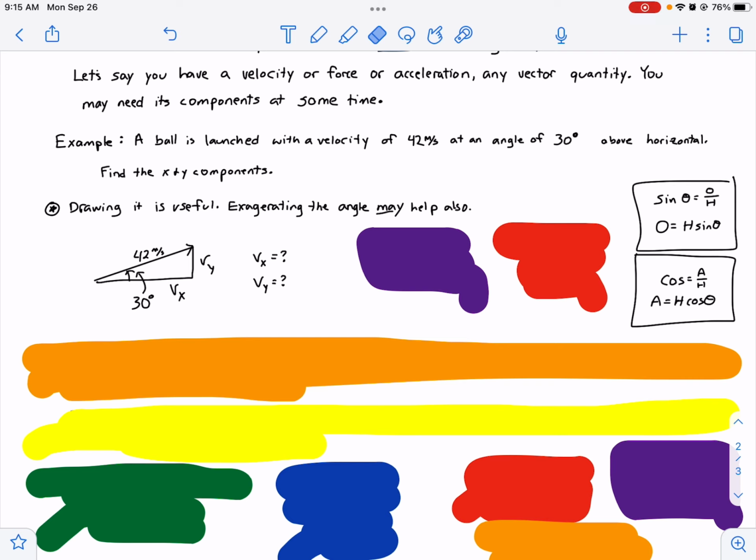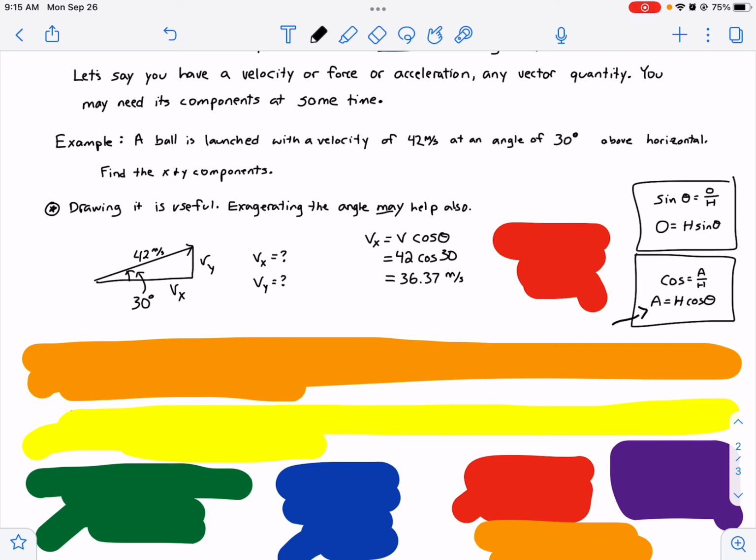So Vx is what we'll do first. I took this one right here. So the A equals h cosine theta is V cosine theta right there. 42 cosine 30 is what I plugged in, because it was 42 for the V, cosine of the angle, which is 30.